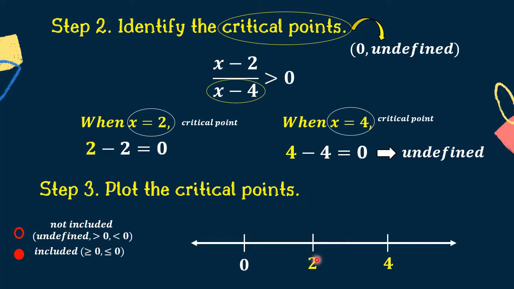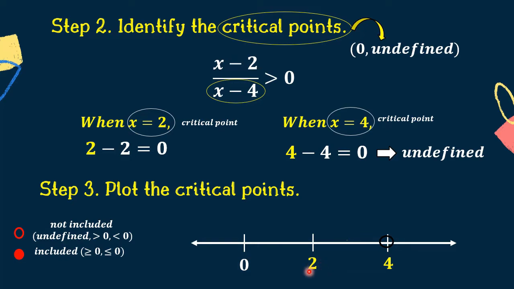So here, we have to identify 4 and 2. Unahin natin ang 4. Kasama ba or included ba or hindi? Included or not included ang 4 sa ating solusyon? So the answer is no because it will make our expression undefined. Ibig sabihin, bawal ang value na 4.